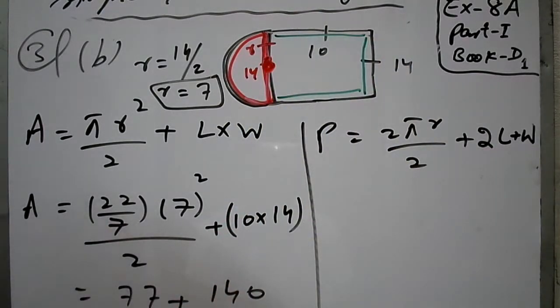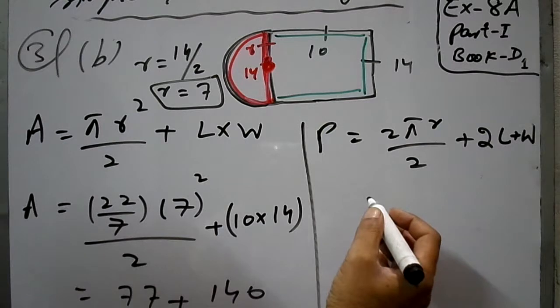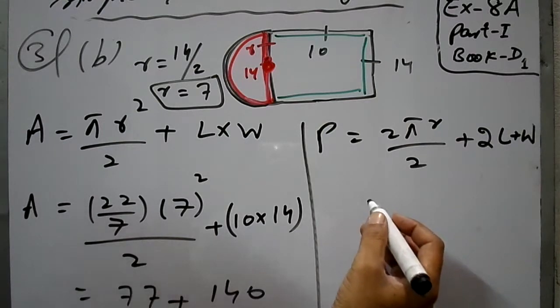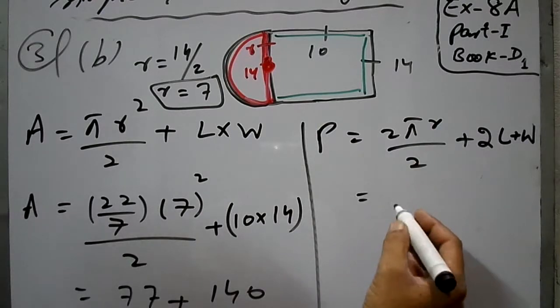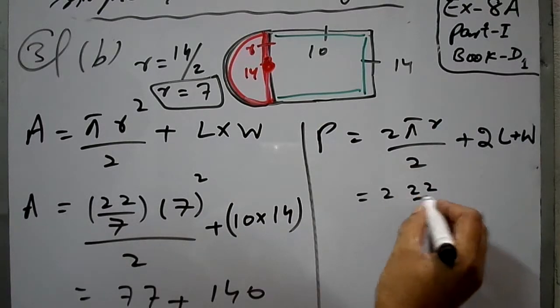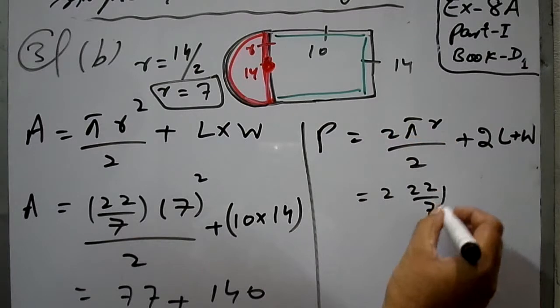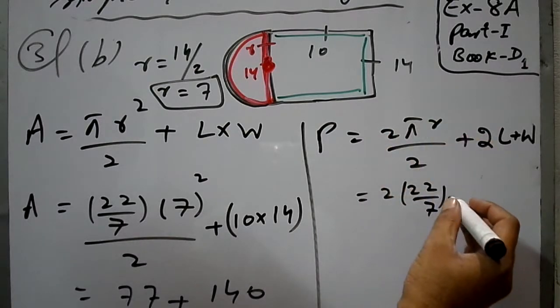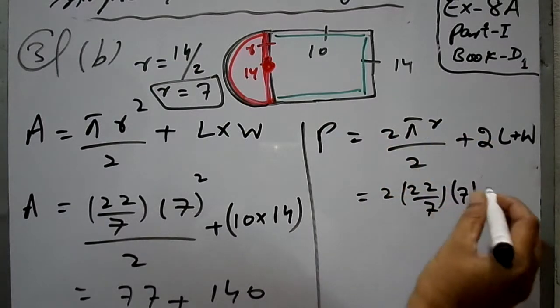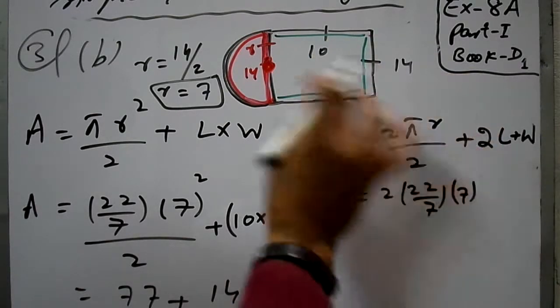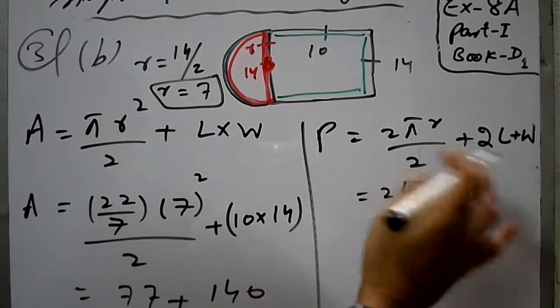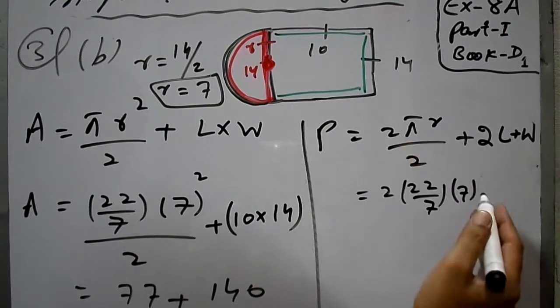So now coming to find the perimeter, putting the values, you will get the result. For simplification, you could cross-cancel 2 into 22 by 7, but to understand in a better way, because you have learned the formula of circumference of a full circle, and this is a semicircle, I have left it like this.